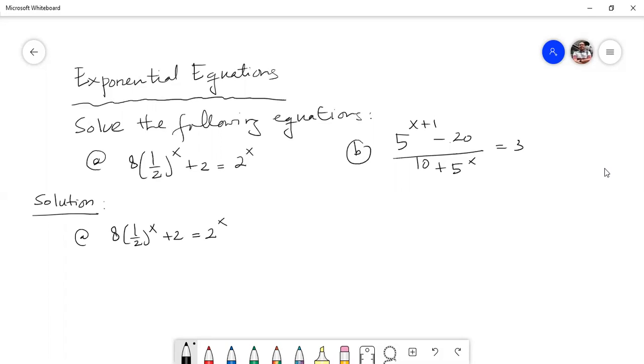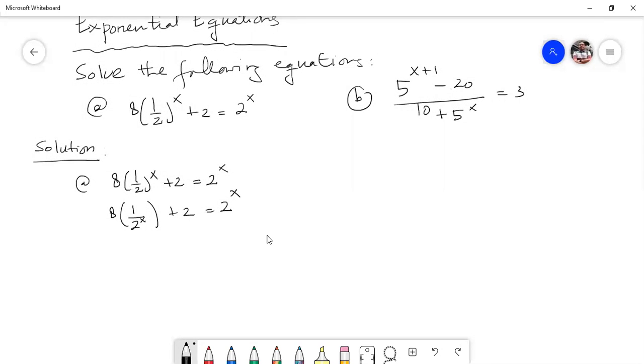The first thing I need to do is distribute the power x to the fraction inside the bracket. As we know, 1 to the power of x is still 1, and then 2 to the power of x, plus 2 equals 2 to the power of x.